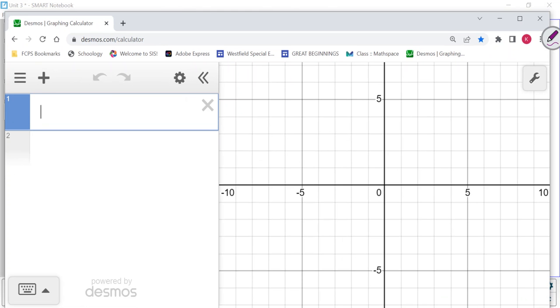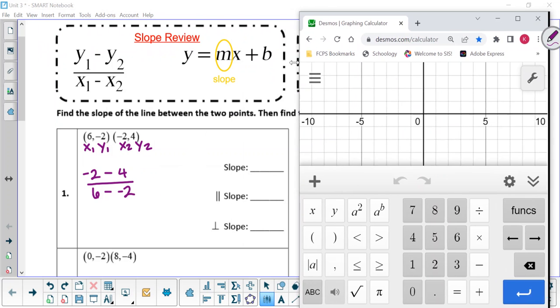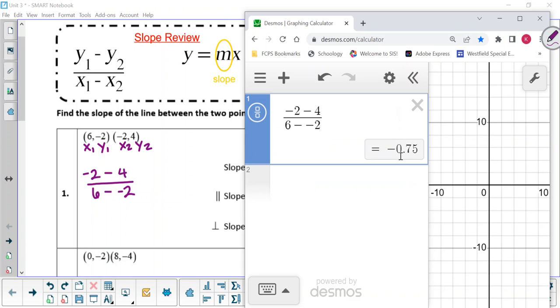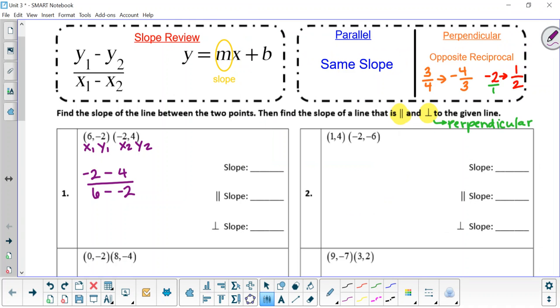Just going to minimize this a little bit so it's easier to see. All right, so fraction bar, negative 2 minus 4, 6 minus negative 2. Again, no decimals, so we'll hit our button. And that gives us a negative 3 over 4 slope. So in problem number 1, our slope is negative 3 over 4.